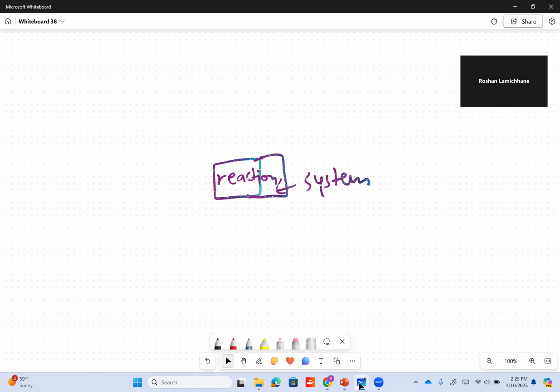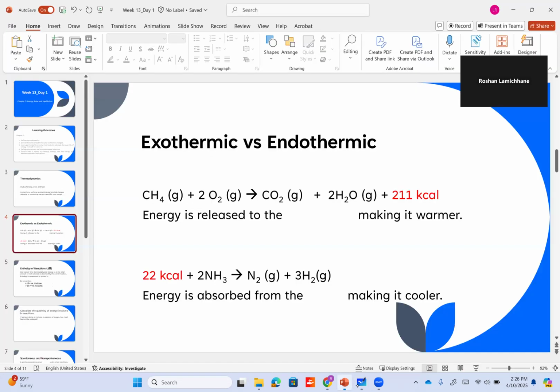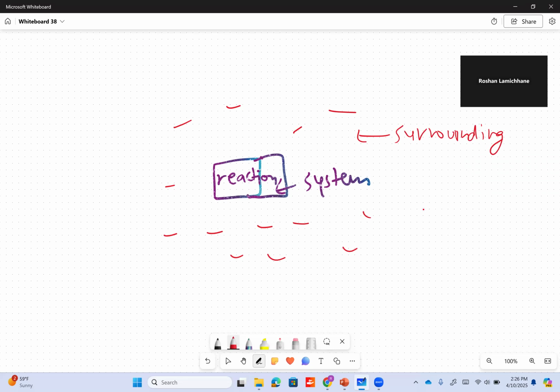Everything else around it, which I'm going to show by the red line, is going to be your surrounding. So that means in an exothermic reaction, energy is released to the surrounding, making it warmer. Meaning the first example, where energy is released, is an example of an exothermic reaction.